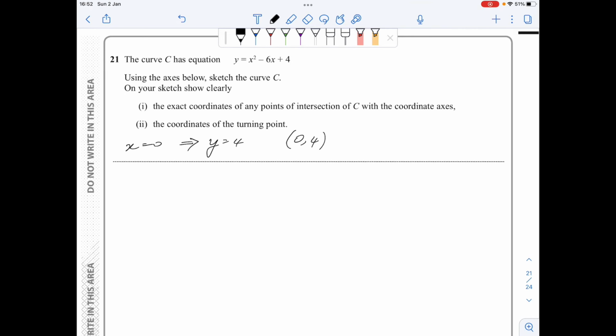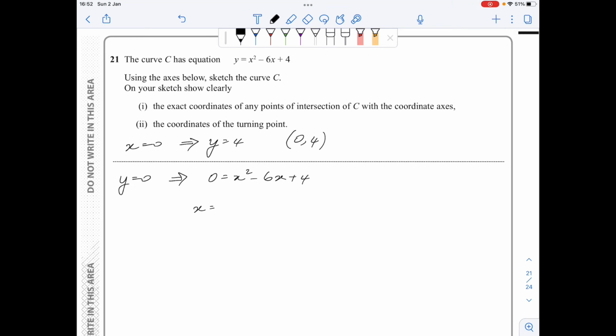Now I will proceed and find the x-intercepts, the roots. I will do this by setting y equal to 0. So I get 0 equals x squared minus 6x plus 4. I can't factorize. I can use any other method like completing the square or quadratic formula. I will go with the quadratic formula.